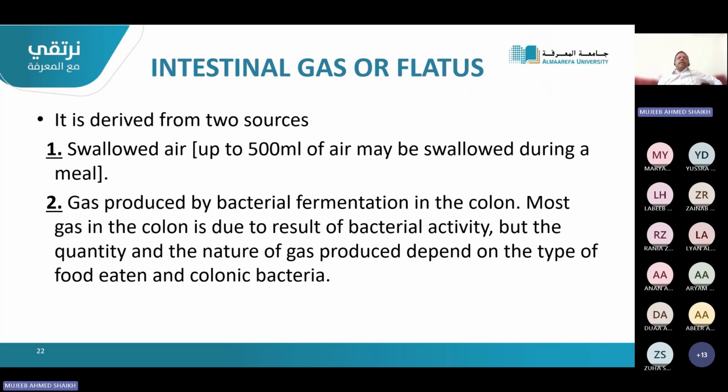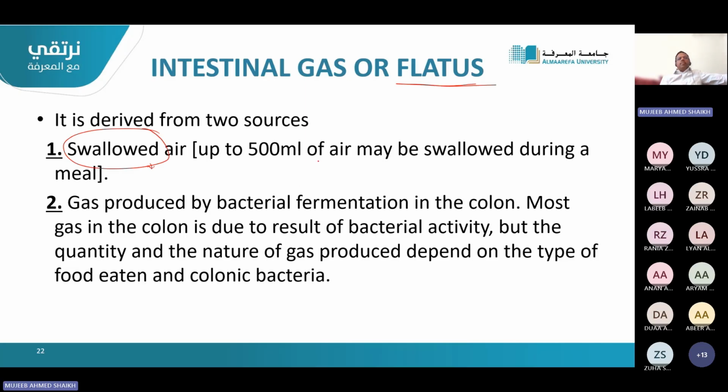Okay, something related to the gases in the large intestine or in the digestive tract is known as flatus. Gases, hawa or flatus. It is derived from two sources. How are the gases formed in the large intestine? One source is swallowing. When you are eating while talking, most of the air will be trapped and goes to the GI tract.